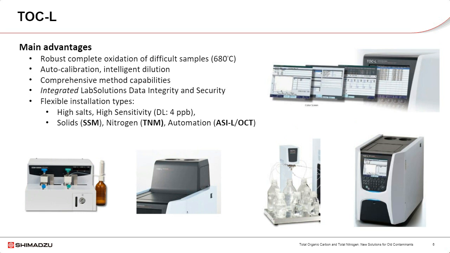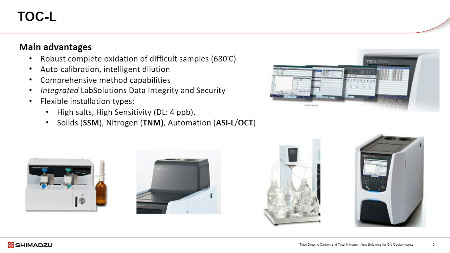Now, the TOC-L has a lot of advantages. First of all, it ensures complete oxidation of all sample matrices, even difficult or hard to oxidize samples, because it uses a furnace temperature in excess of 680 degrees C and a platinum catalyst.